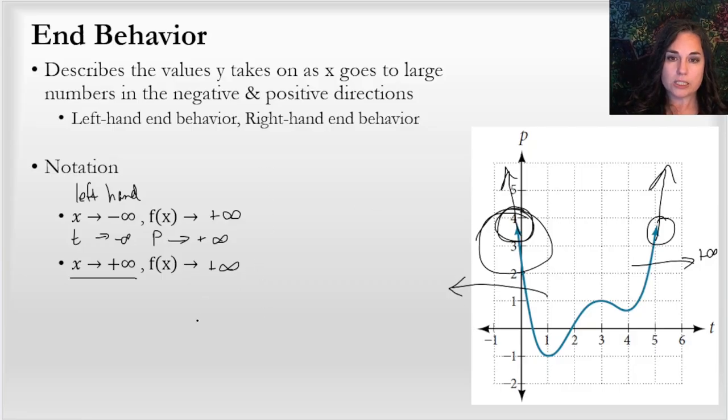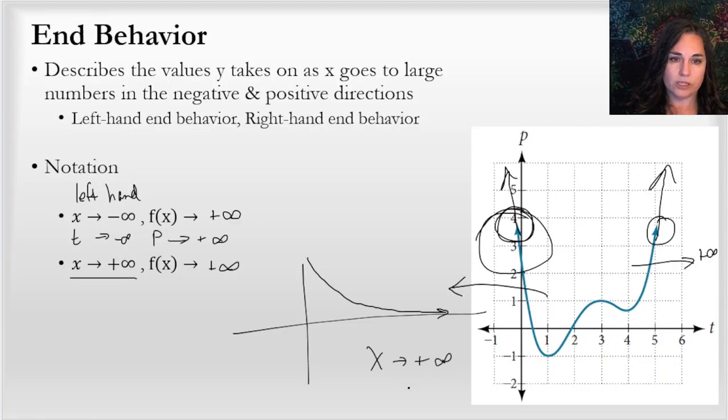It could be a situation where, let me draw a graph here, I might have a function that has some sort of decay and it might go to 0, but it never actually reaches 0. All right. So I would say as x goes to positive infinity, the function here, f of x, goes to 0. Sometimes it goes to a value.